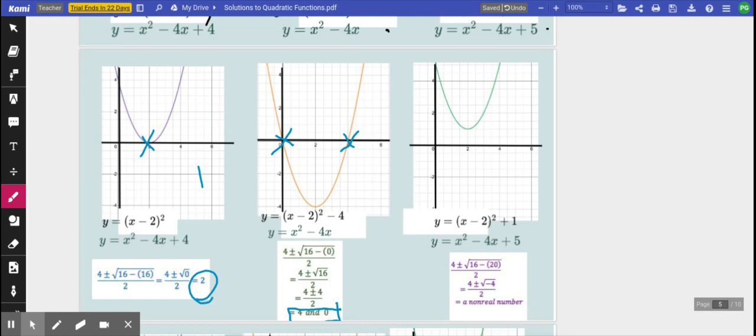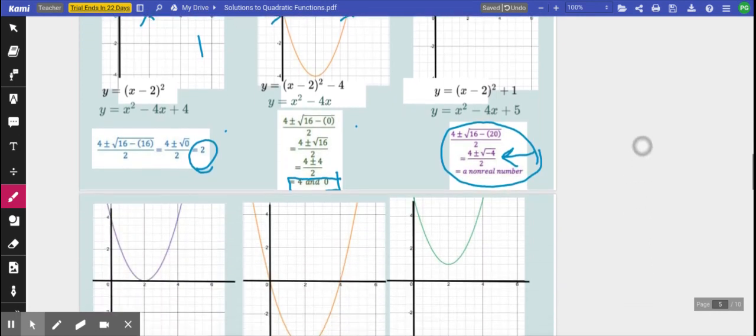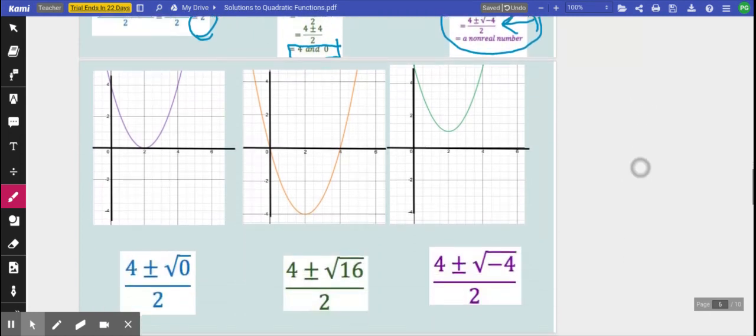If you look at our third example, the parabola does not cross the x-axis, and when we use the quadratic formula, we can follow the same process as the other two situations, but we end up getting a negative under the radical sign. So this particular quadratic function has no x-intercepts, and its corresponding equation has no real solutions.